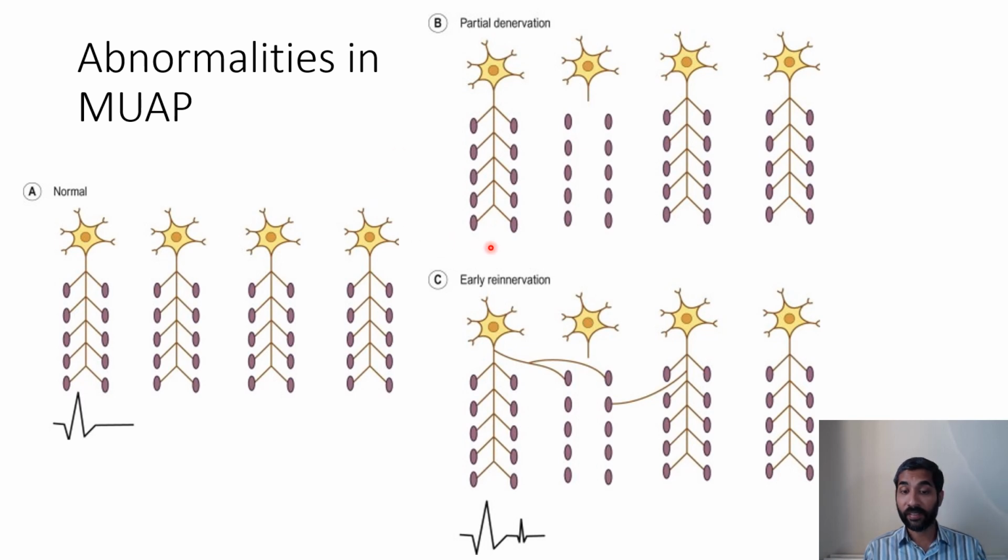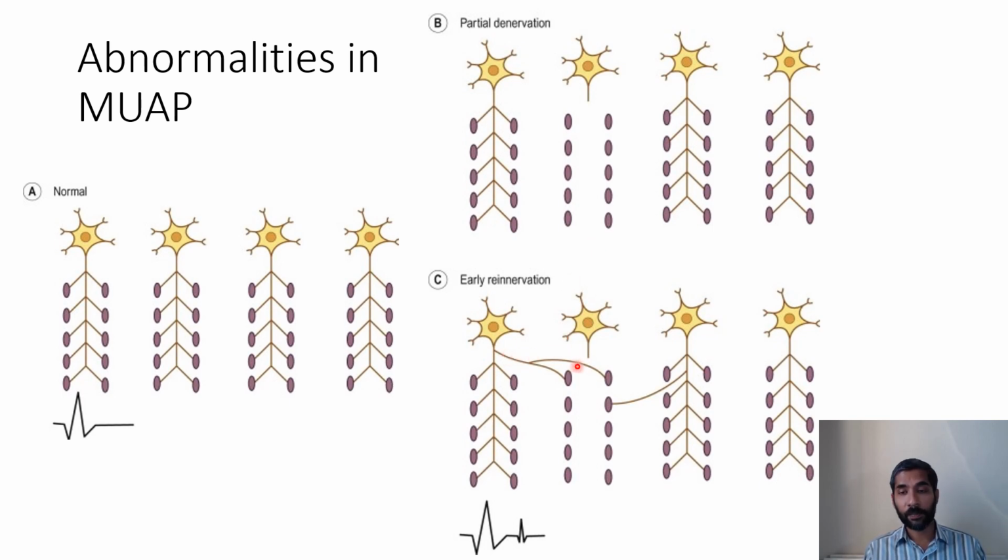Then you get a slightly different signal, isn't it? Because these motor units are not going to be activated. So when you are checking for motor unit action potentials at different places, you can say, well, I am seeing that the activity is much lower than what it should be. And so the clinician starts to know maybe there is some denervation going on here.